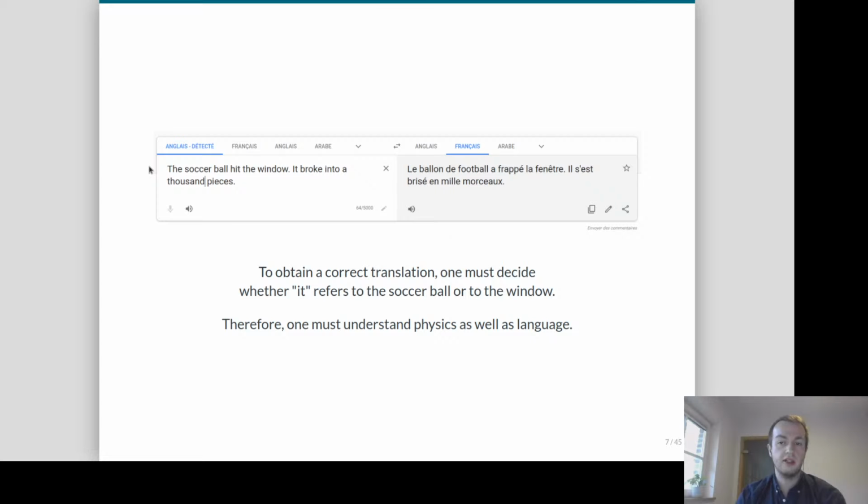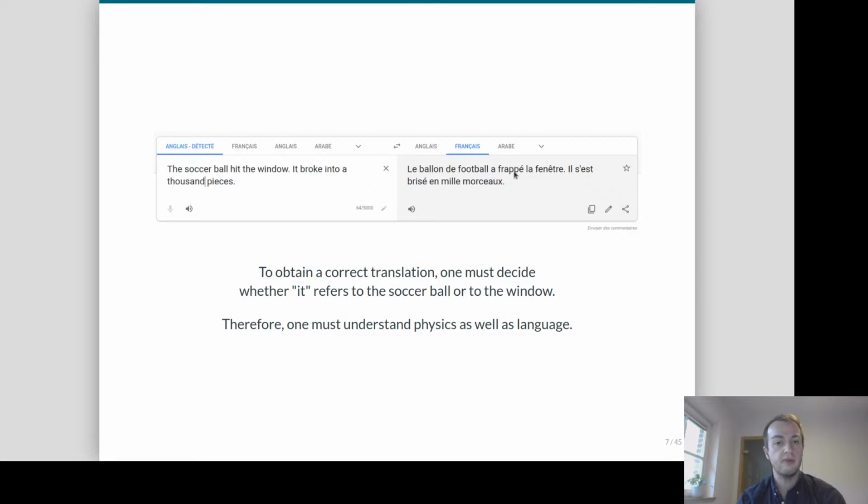And of course, for us it's obvious. There is an obvious mistake, which is that the word it from English has been wrongly translated to il in French. But to be able to understand that it should be translated to elle in French, we have to understand exactly what's the meaning of these sentences.